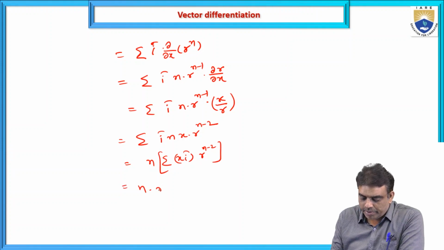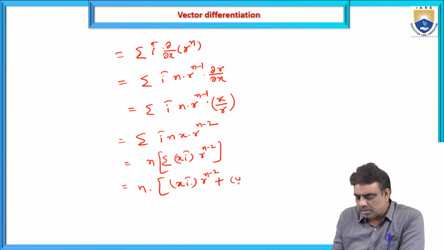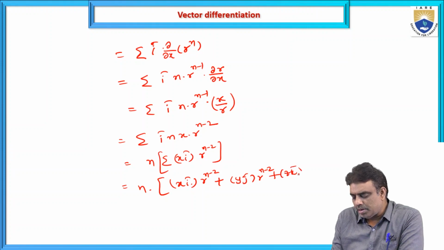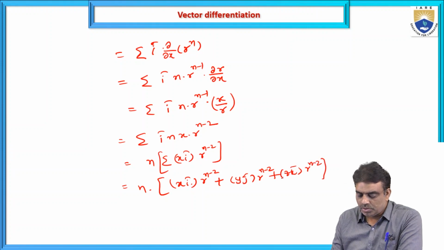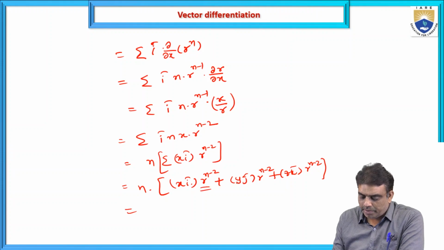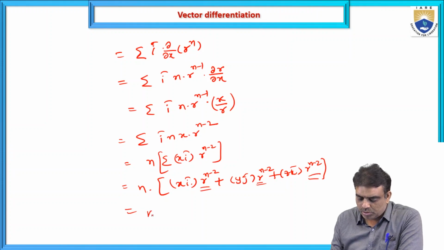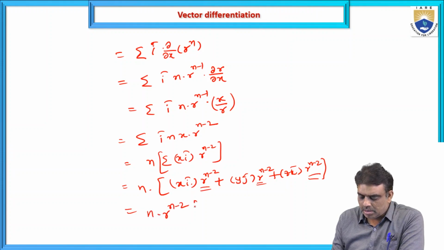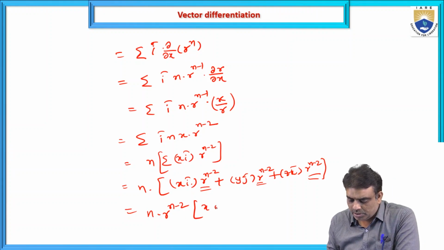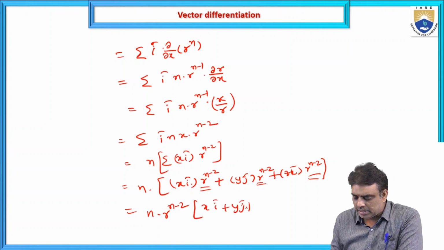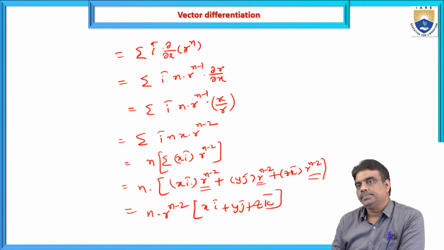On expanding the sigma, we get x i bar into r power n minus 2 plus y j bar into r power n minus 2 plus z k bar into r power n minus 2. So what I can take out, r power n minus 2, those terms are common. r power n minus 2 into x i bar plus y j bar plus z k bar.